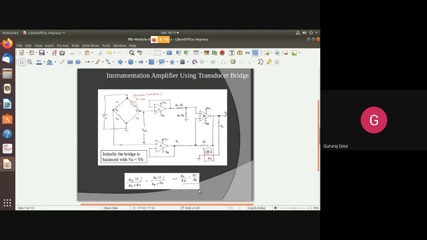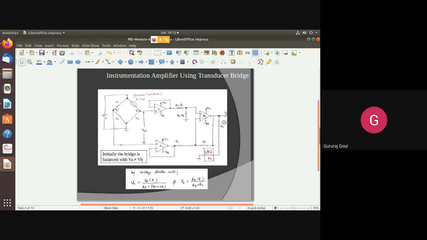So this is the bridge balance equation we are getting for the instrumentation amplifier using a transducer bridge when VA equals VB.